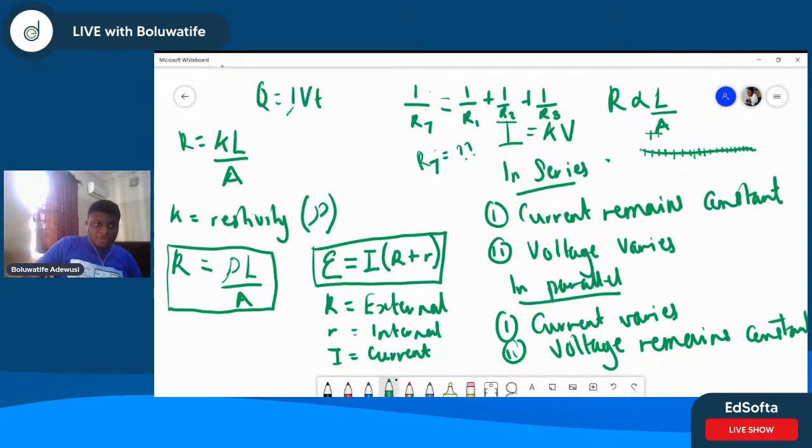I here is current, V is voltage, and T is time. So this is work done. This is also another formula that we need to store. If we are told to calculate the work done, Q equals IVT.